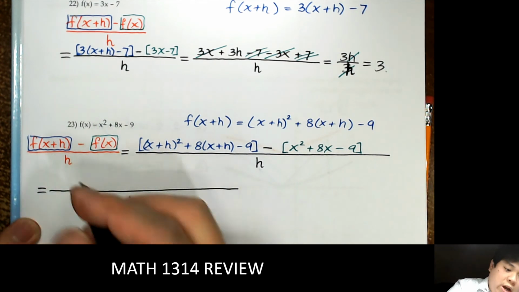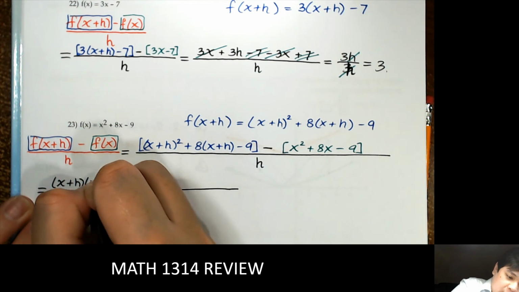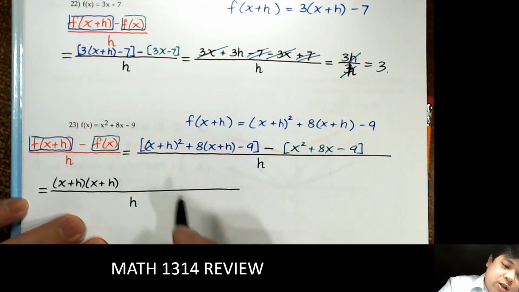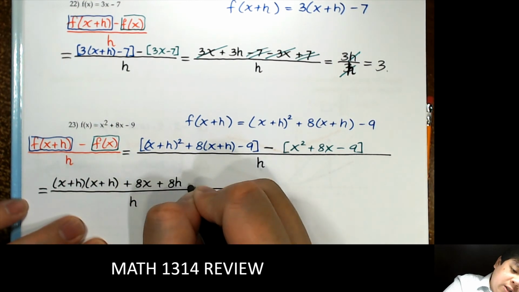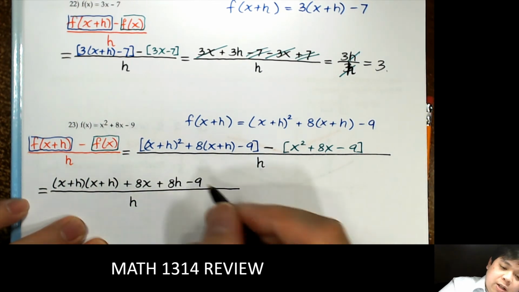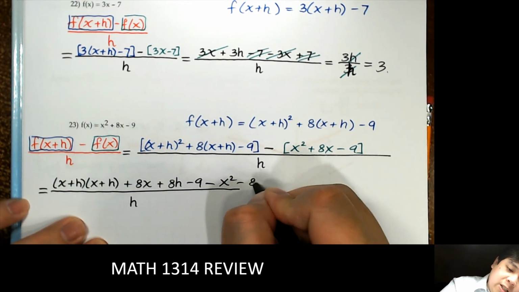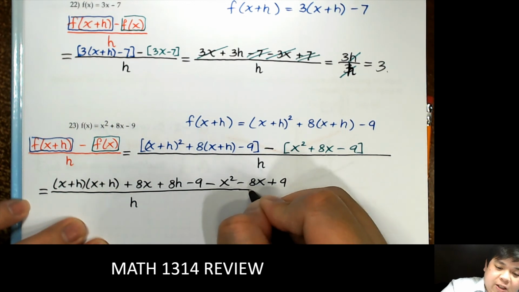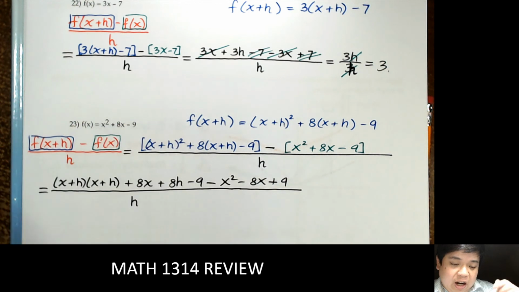x plus h squared, I will just write like this. Here I multiplied out ax and ah minus 9 minus x squared minus ax plus 9. Of course, we see the negative 9 and 9 here cancel.